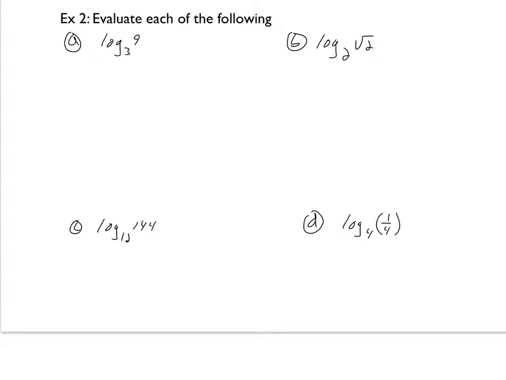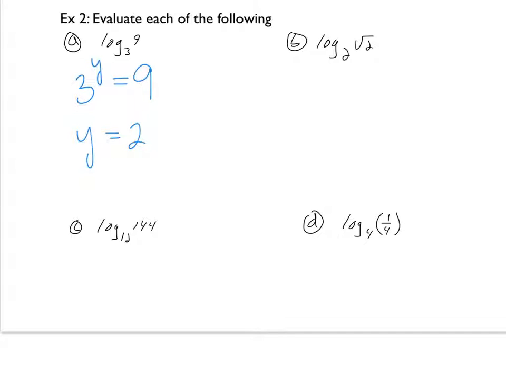Now let's evaluate these logarithms. So here, let's convert to exponential form. So your base is 3, your exponent is y, let's say, and your answer is 9. So y here is equal to 2.